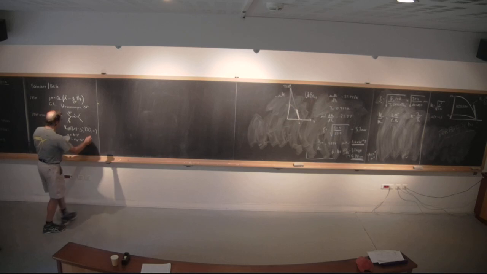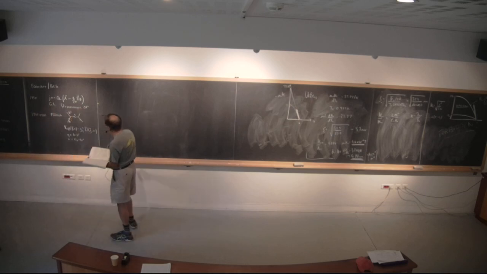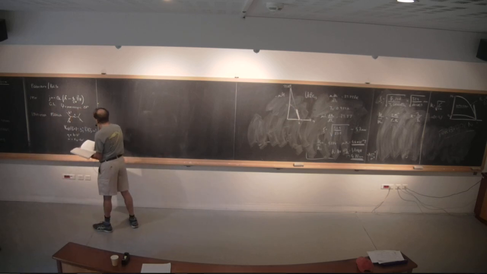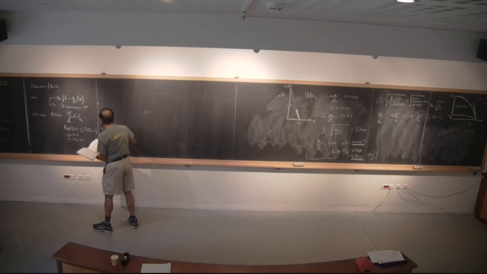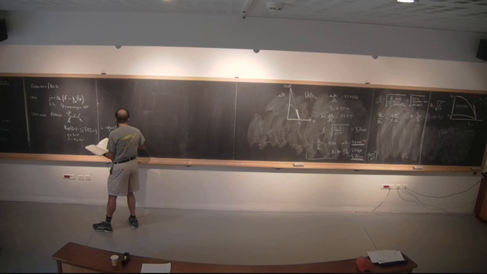When you put those things together, you get an effective interaction which looks something like minus g of k minus k prime squared times 2 omega of k minus k prime over omega of k minus k prime squared minus epsilon k minus epsilon k prime squared.